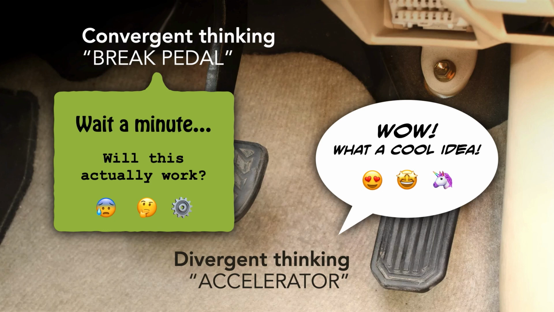Both kinds of thinking are important, but we have to separate them. And he said that in at least the American school system, and I think it's also relevant in many other school systems in other parts of the world, we apply divergent and convergent thinking at the same time.